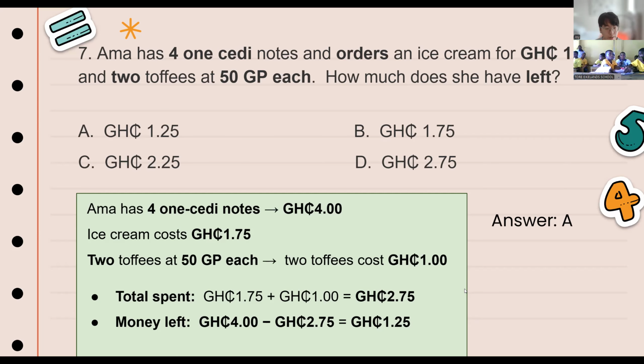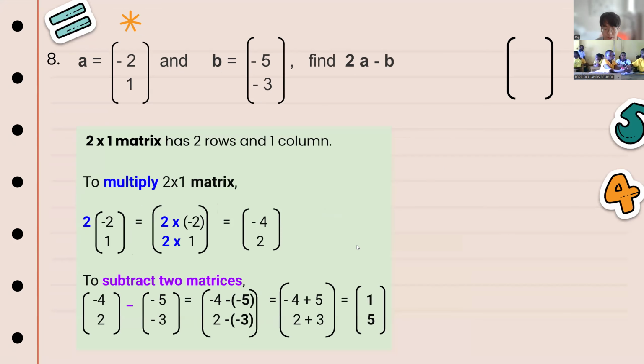If this makes sense, then I'll be moving on to this question. This is a type of matrix addition and subtraction. So if A is this and B is this, can you find 2A minus B?